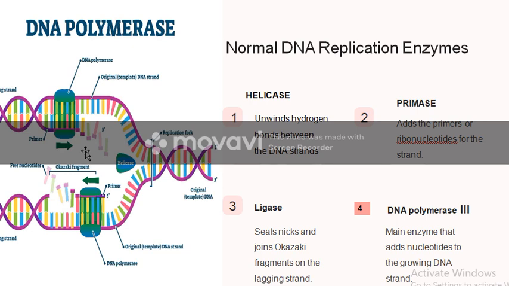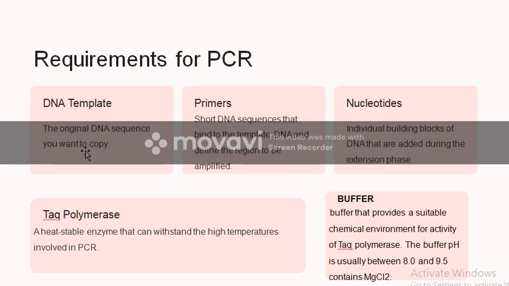Now when we want to talk about the PCR reaction, that is polymerase chain reaction, let's see what exactly the requirements are. First, we need a DNA template. The template is of our choice. The DNA template can be from the criminal site, or DNA from plants or from animal tissues, anywhere.